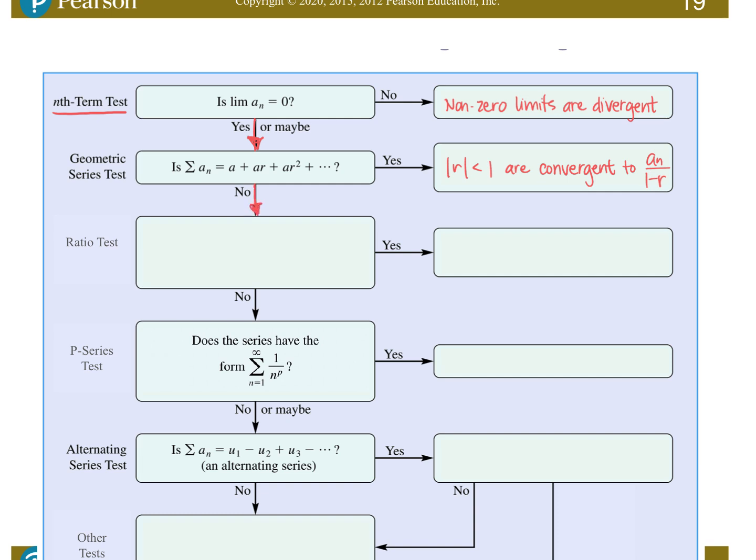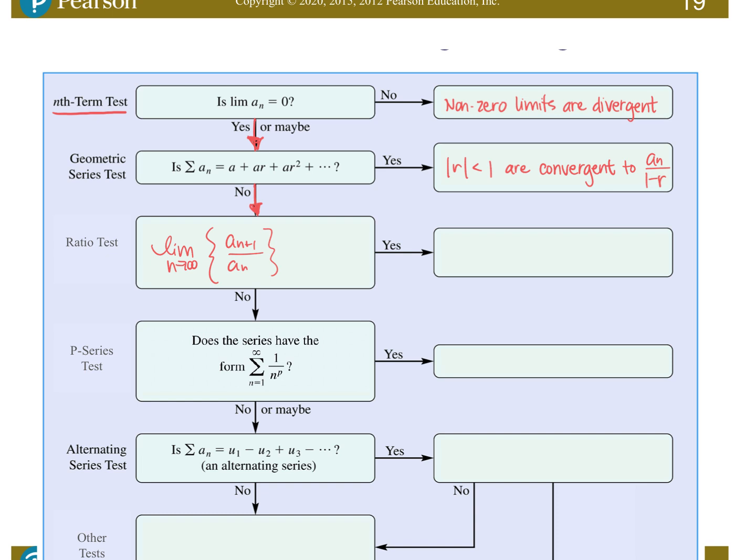So then we would try the ratio test, and we would check the limit of the comparison of the terms a sub n plus 1 to a sub n, and we would see what we get with the ratio test.